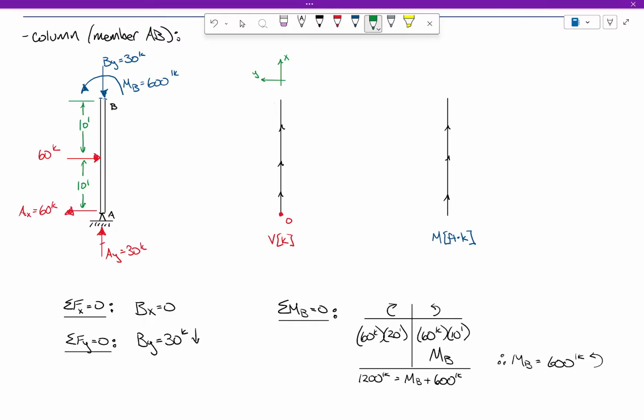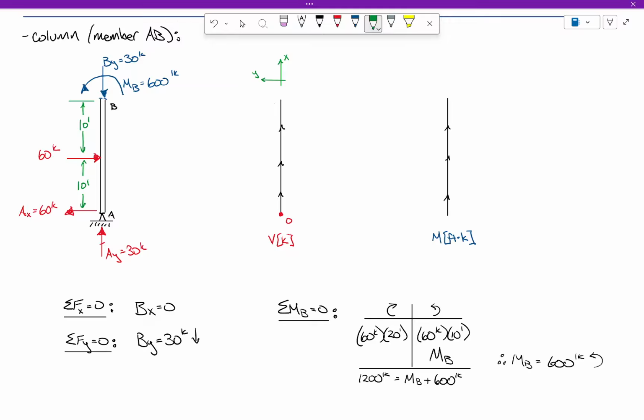So, let's think this through. Remember, what is a shear? A shear is a transverse force. So if the member goes like that, shears are perpendicular. Okay? So my question, does this 30 kips right here matter at all when we're looking at the shear diagram for this column? No, it's axial. The 60 kip matters. So can somebody tell me what the shear diagram is going to look like? We'll go to the left 60, and then a straight line is going to come back by 60 to the right.